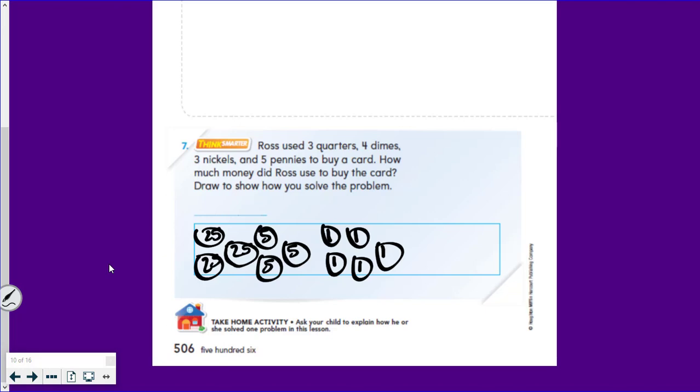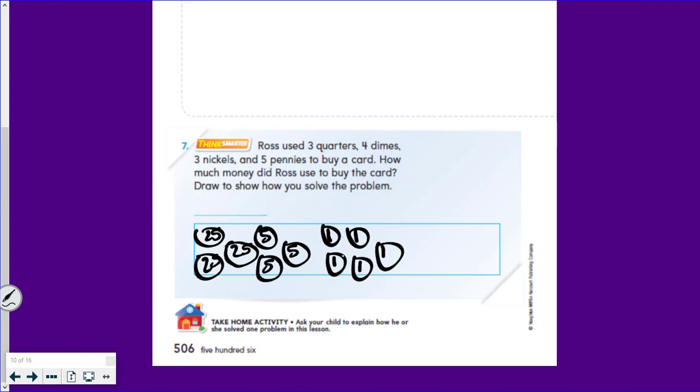All right, so I drew the coins that you should have already drawn as well. Okay, now it's add them up time. So 3 nickels is 75 cents, right? 25, 50, 75. I'm going to count by 5, so 80, 85, 90, 91, 92, 93, 94, 95.